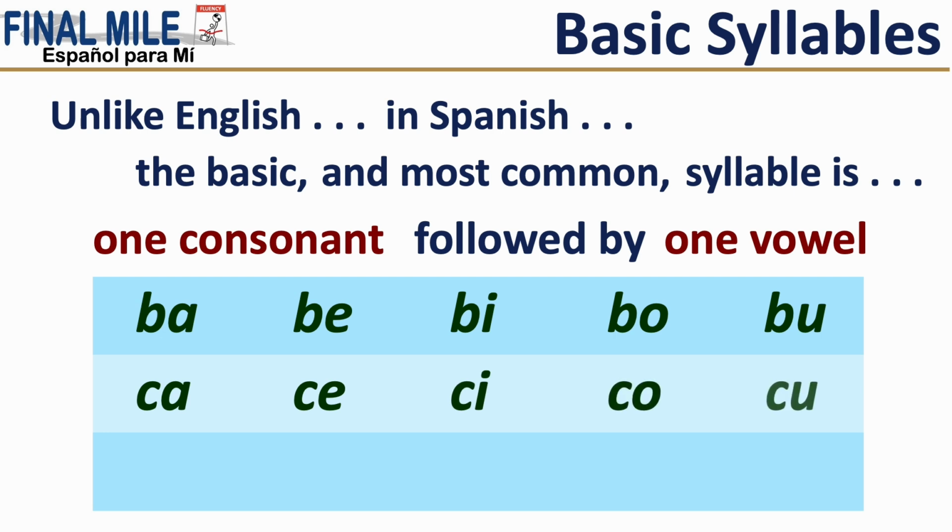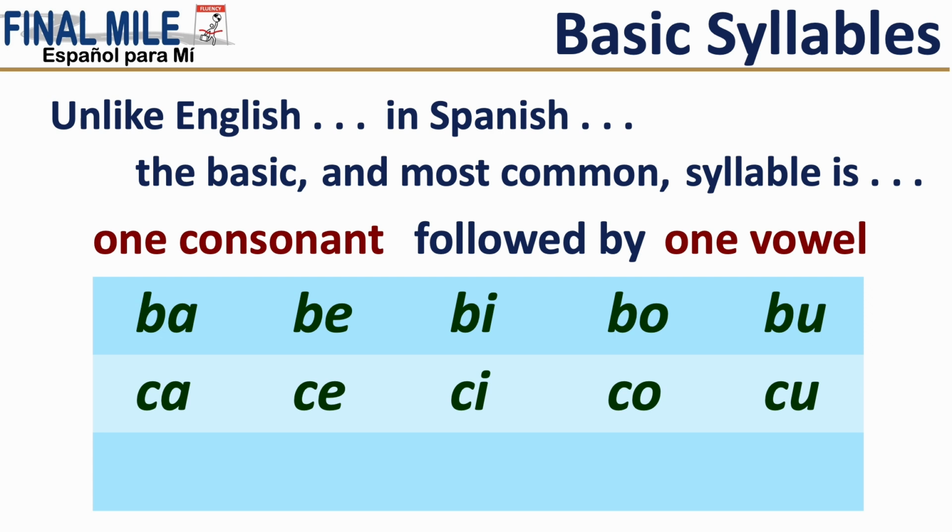Do you remember what was special about the consonant C? Do you remember the label? Not that it's important, but it is a variable consonant. Do you remember how to pronounce this line? Let's try it.